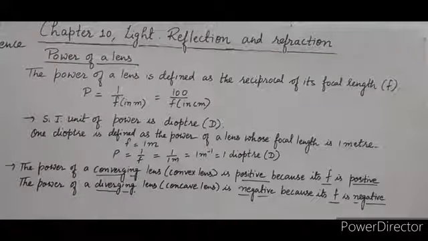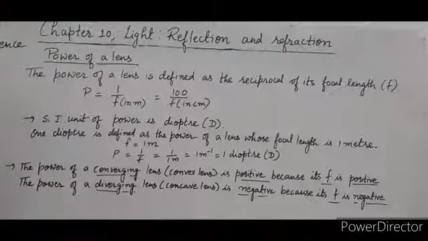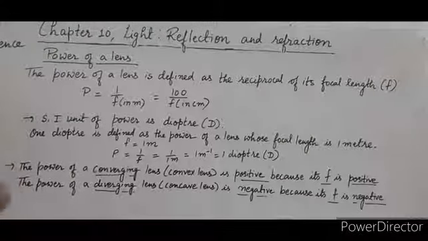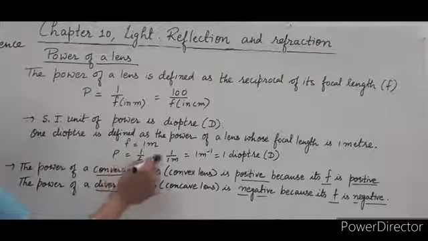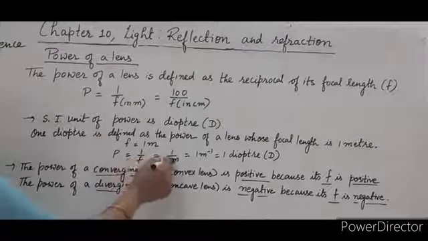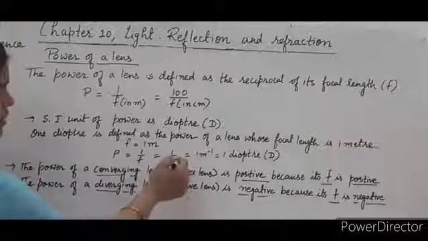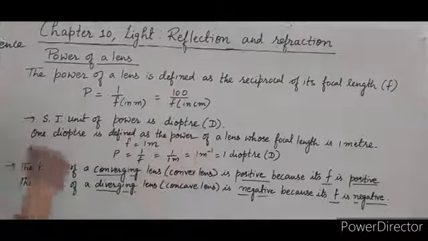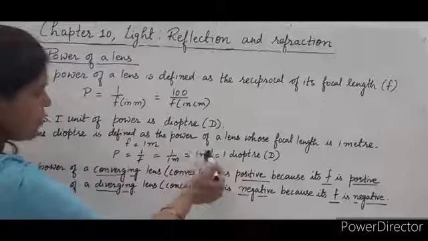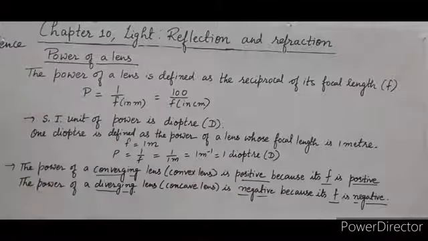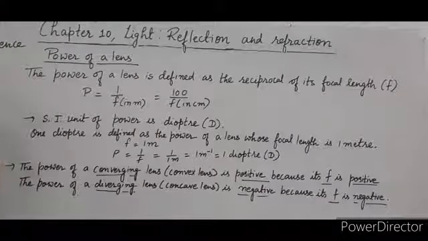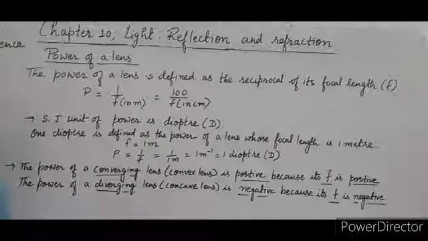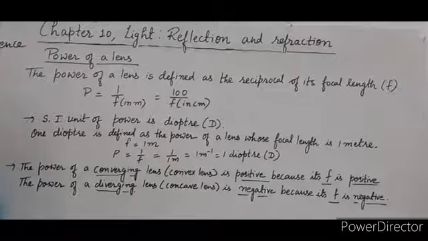If the focal length is 1 meter, then P is equal to 1 upon f, that is 1 upon 1, which is meter inverse. So that is 1 diopter. The power of a lens is said to be 1 diopter when its focal length is 1 meter.